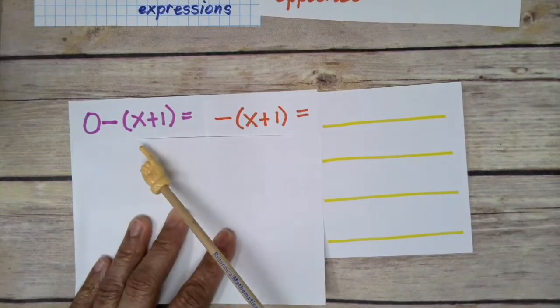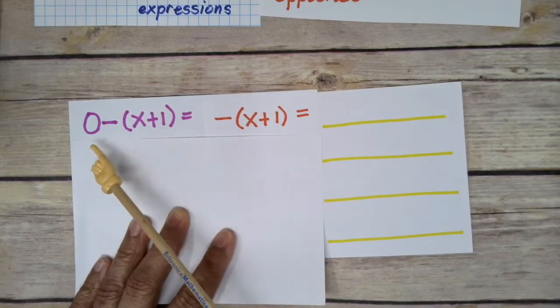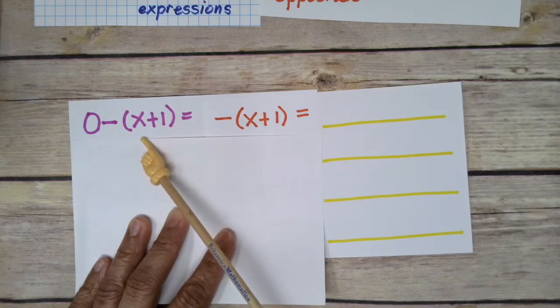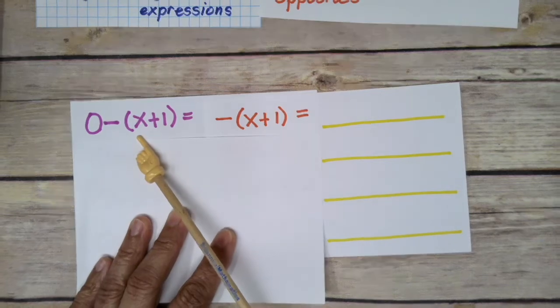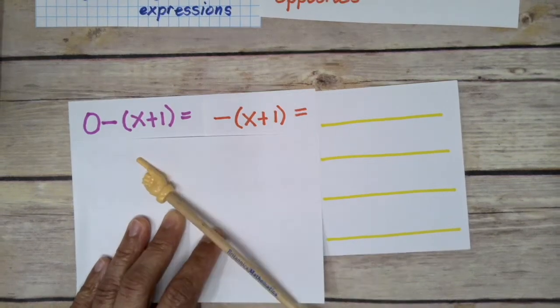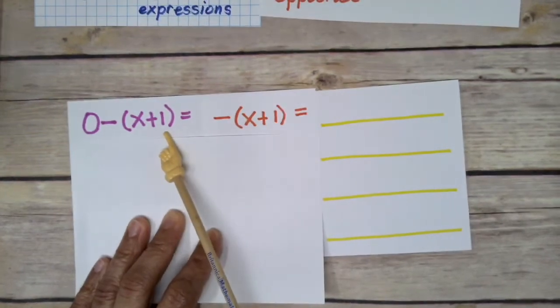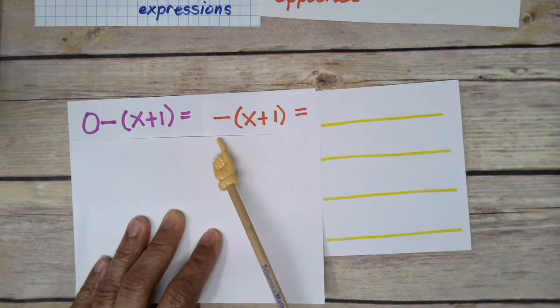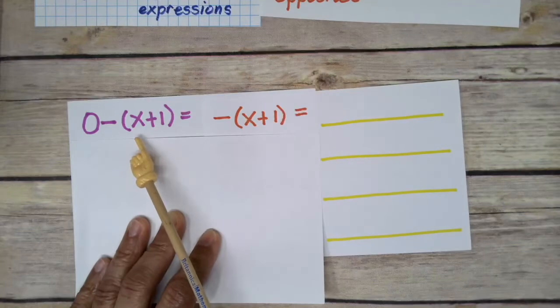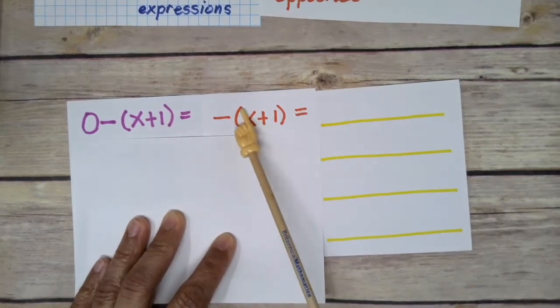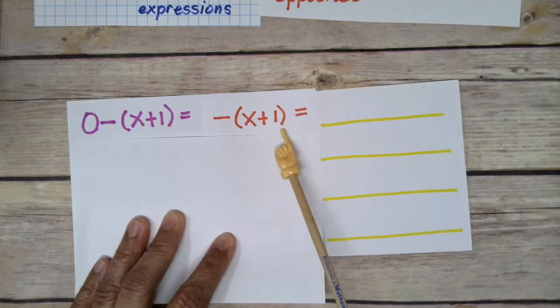We know that if we're subtracting a number from 0, our difference, our answer, will simply be the opposite of that number. Since our subtrahend is x plus 1, our difference will be the opposite of the sum of x and 1, which is the negative of the quantity x plus 1.